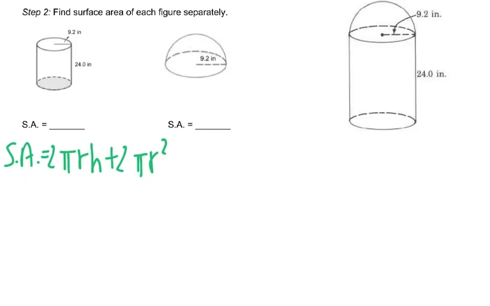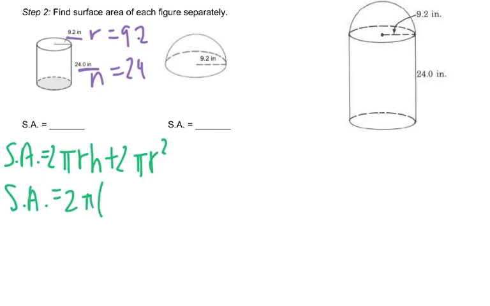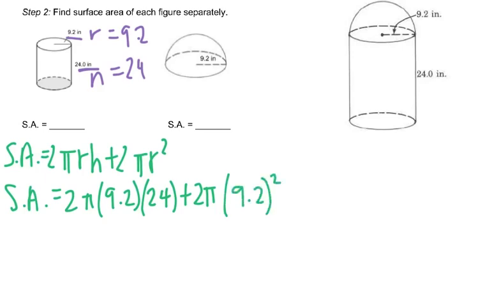And we can see from our diagram that the height is 24, h is 24, and the radius is 9.2. So we simply plug those into the formula wherever we see them. We get surface area equals 2 pi 9.2 times 24 plus 2 pi 9.2 squared.